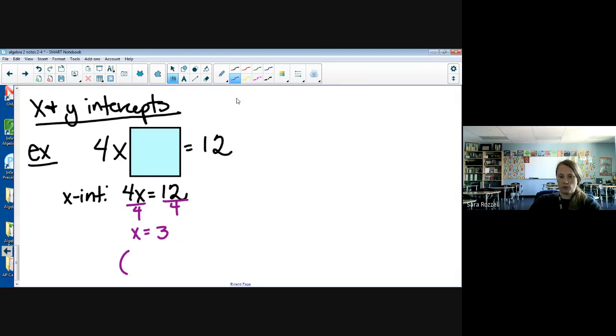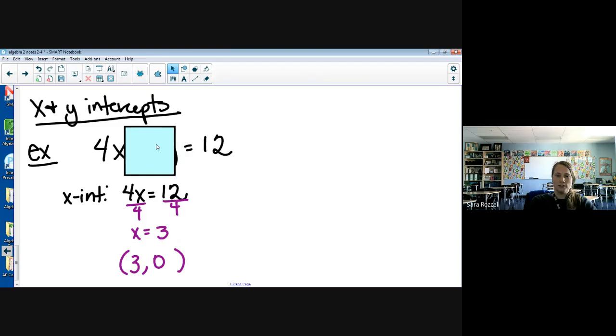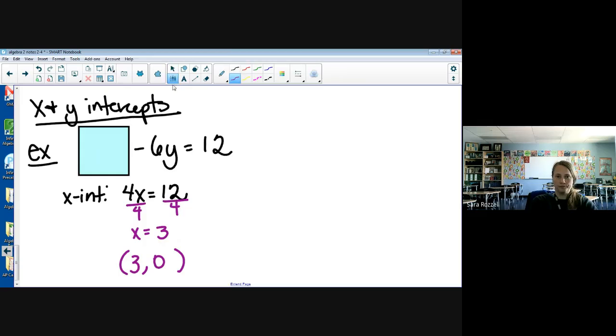And remember, since it's an ordered pair, the x value is 3, the y value is 0 because it's on the axis. Now to find the y-intercept, cover up the x part. You can cover that up with your hand. Write down what's left.